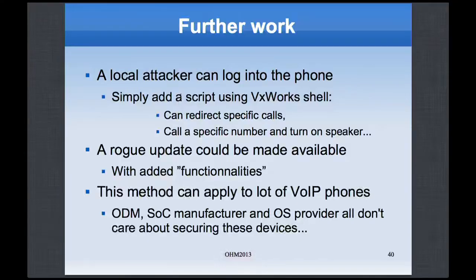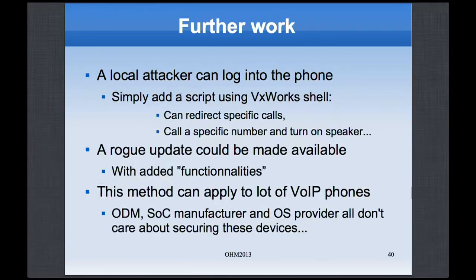Okay. And well, just to sum up what I said at the beginning, since it's a telephone, you can call someone and turn on the microphone, which means you have a direct microphone near someone you want to spy on, for example. You can redirect calls also.